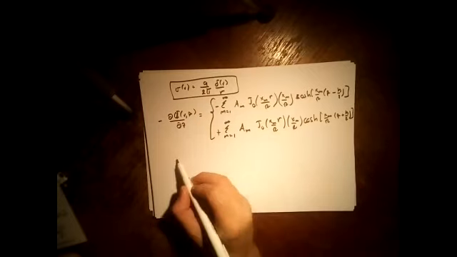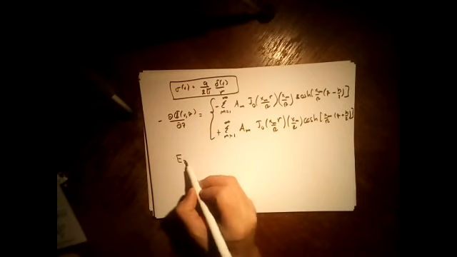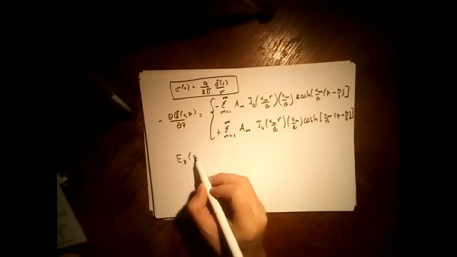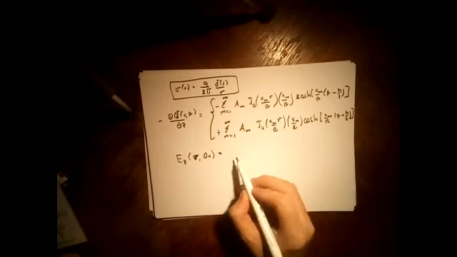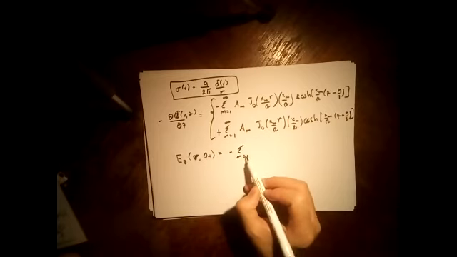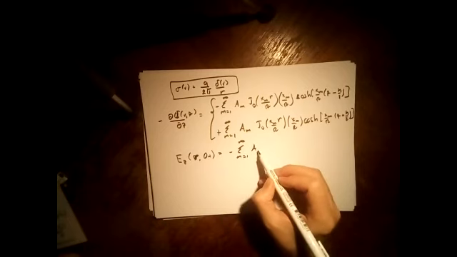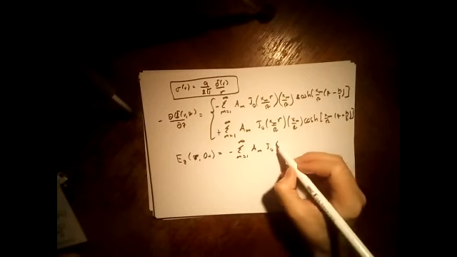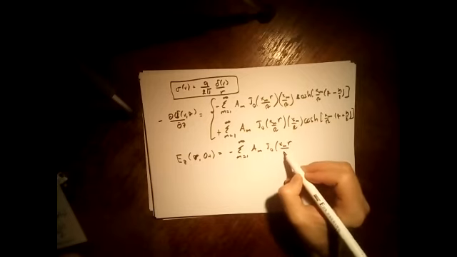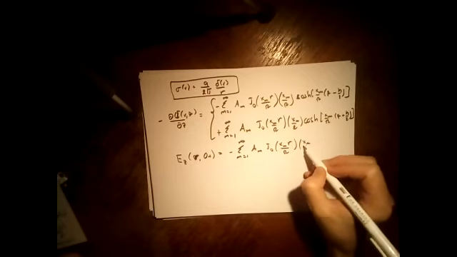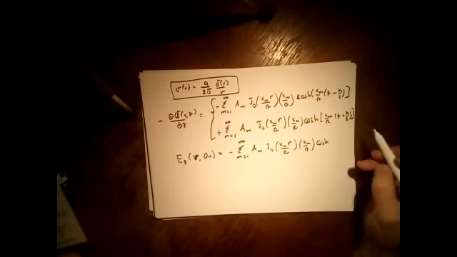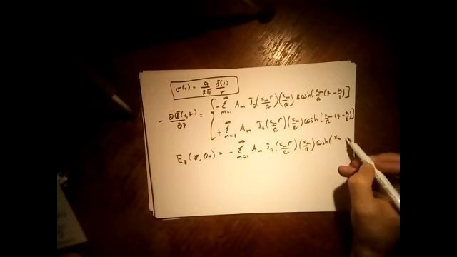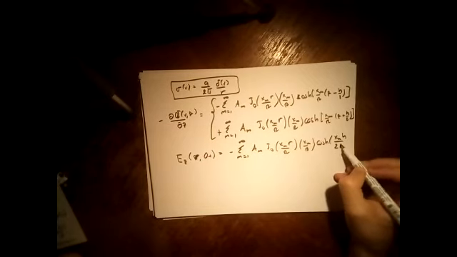So I can write the E_z component at z, well, it's r dependent, so I'm going to write that, at 0 plus is minus the sum over m equals 1 through infinity of a_m J0(x_m r/R) x_m over R, and that's just going to be a hyperbolic cosine of x_m h over 2R.